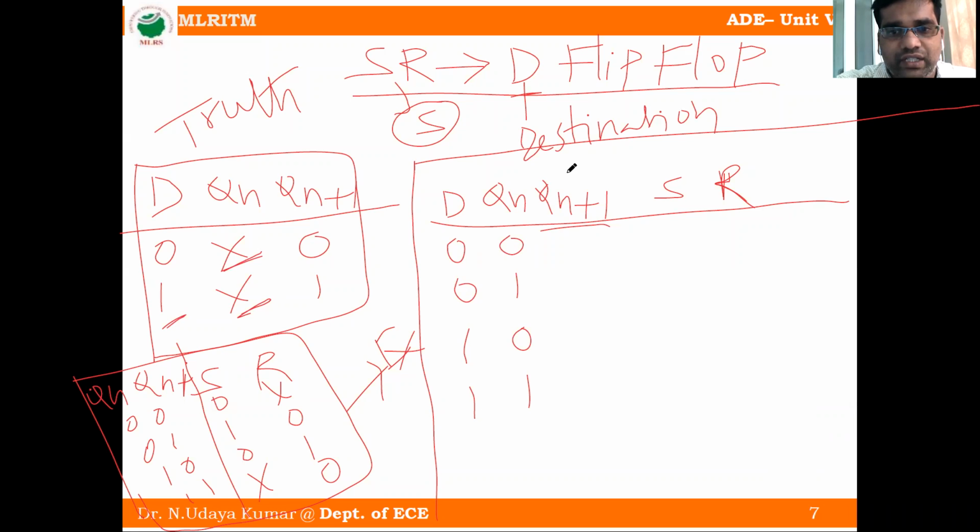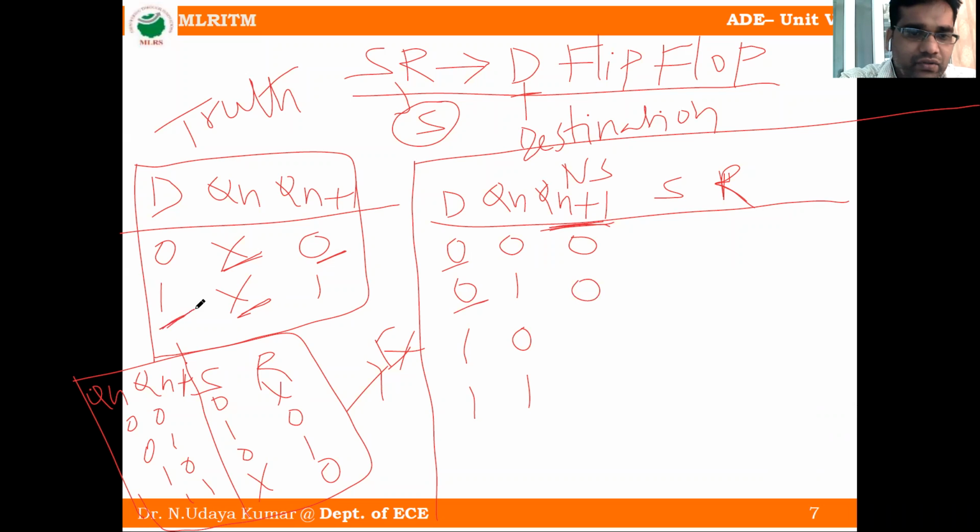If 0 is the input in the D flip-flop, we get next state 0. So if D is 0, the next state is 0.